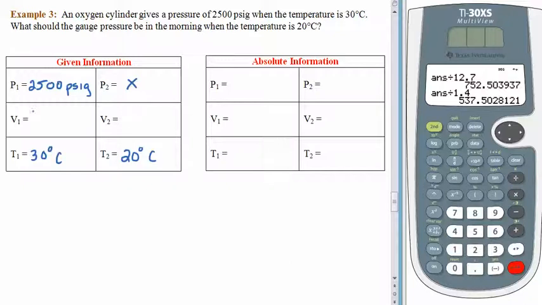So whatever this is, it's unknown but constant. So we're just going to write constant all the way across. The volume is just not going to be a factor in our equation.